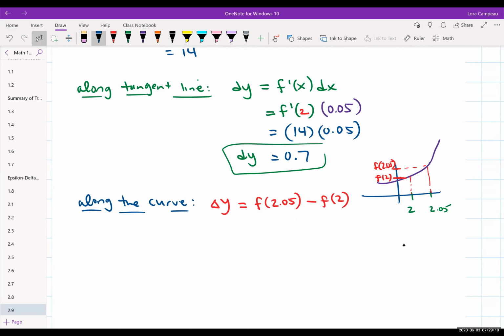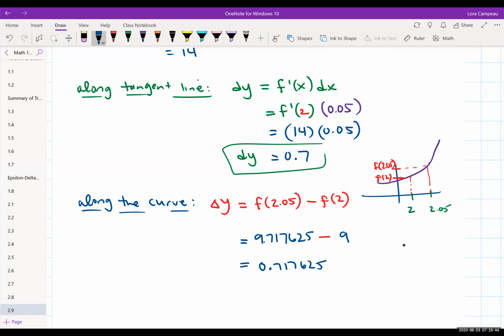Okay, so f of 2.05, let's remind ourselves. I had to consult my calculator. That was 9.717625. Subtract off f of 2, and that was a 9. So now we get this decimal, 0.717625.